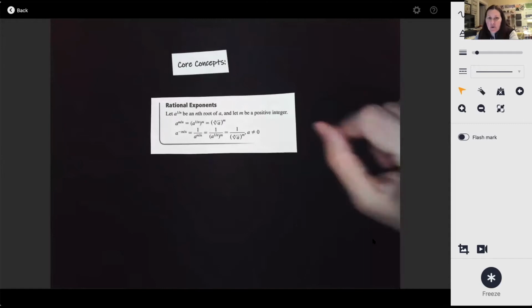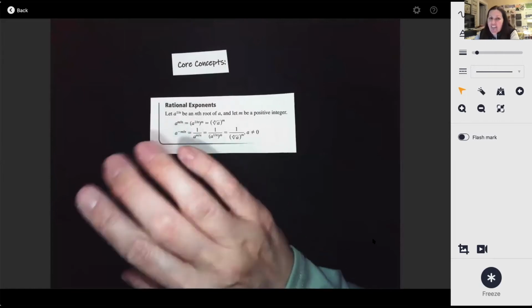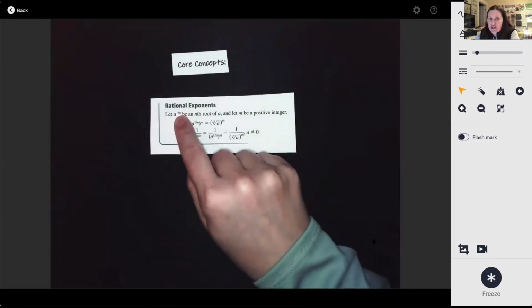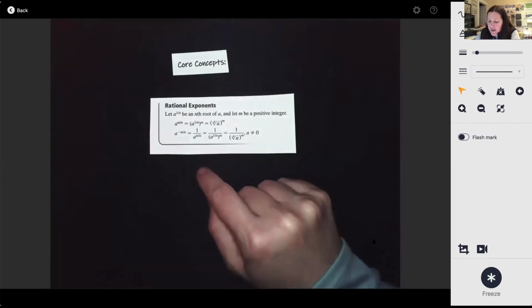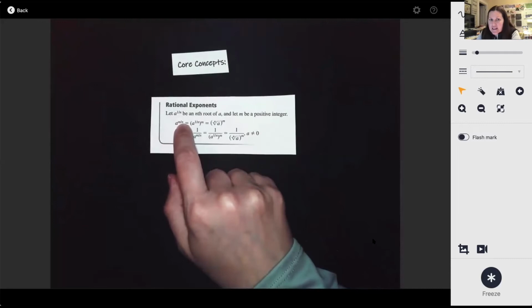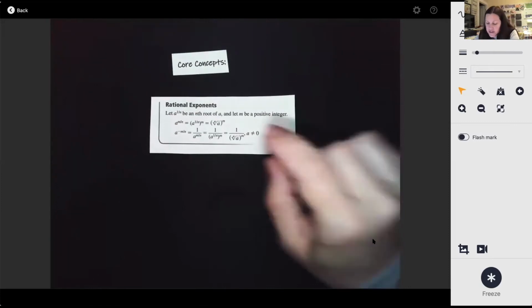Now, the next thing we need to talk about are rational exponents. So a to the 1 over n power is the nth root of a. Whenever it's a fraction, that denominator is the root, the top number is the power. So if we look here, we have a to the m over n power. m is the power and n is the root. It has more exact terminology than that, but that's how we've always written things.